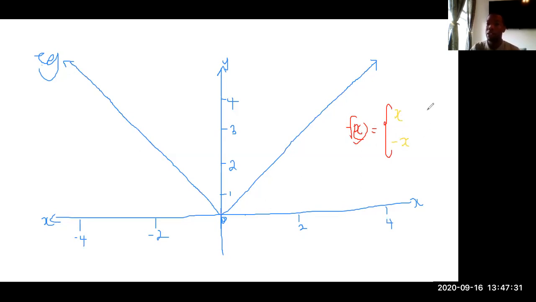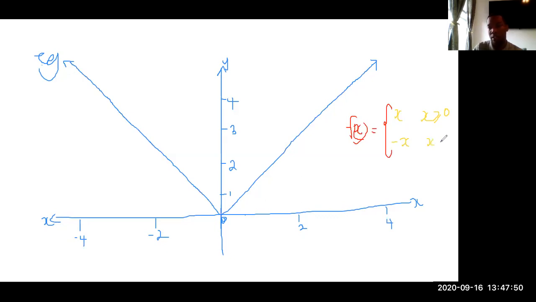But it's equal to positive x when x is greater than or equal to 0, and it's equal to negative x when x is less than 0. Let me rewrite this.